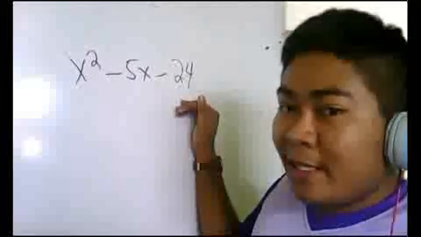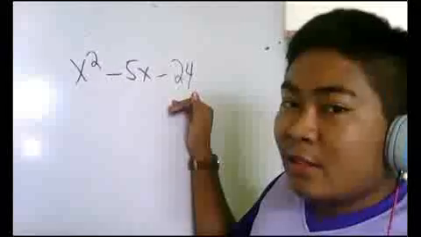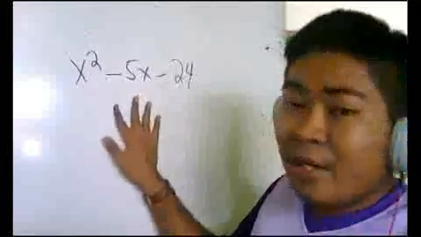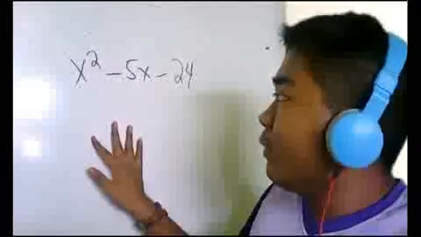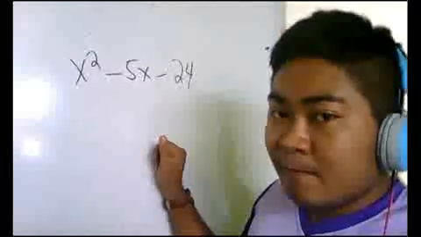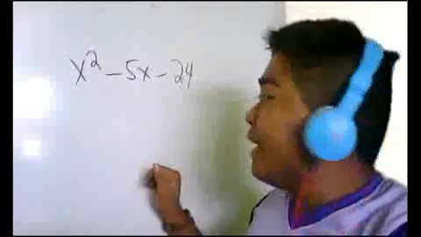So anong pwede natin gawin in order for us to get the factor of this? We can use the quadratic formula or we can simply use trial and error method. So, dun muna tayo sa trial and error method.